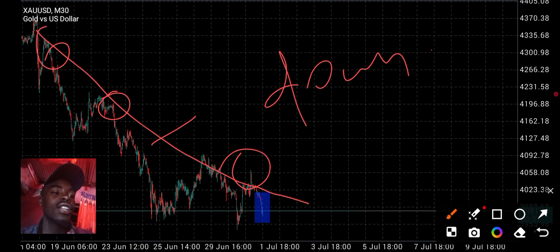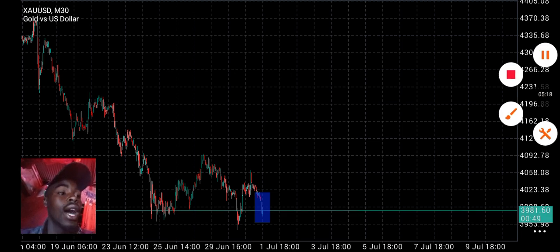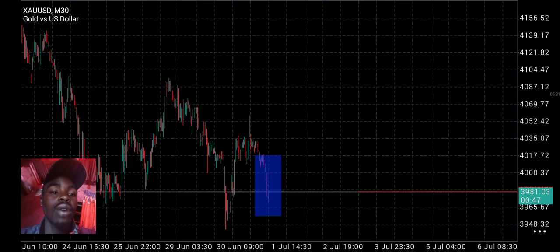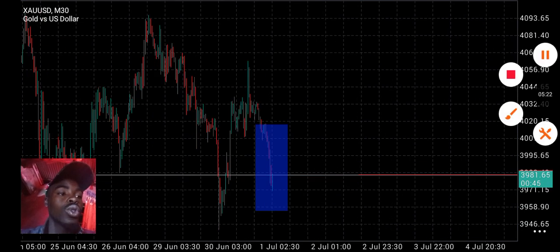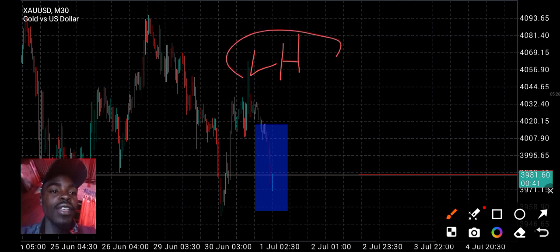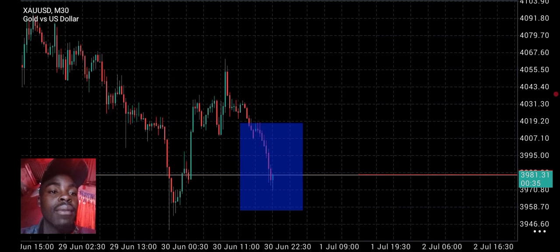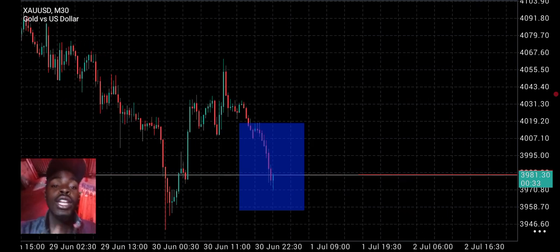After identifying that this is a downtrend, guys, I was in a lower high, so I need to have confirmation. After that, I zoom in to my M that, remember this is only M that.